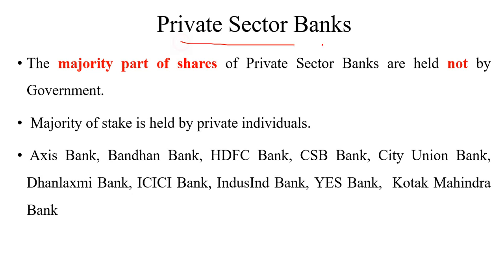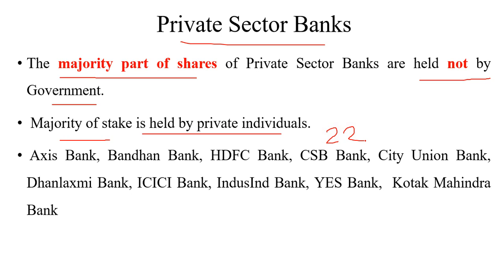Next is private sector banks. Private sector banks are those banks whose majority shares are not held by the government. The majority shareholding is with private individuals. In India, at present, there are 22 private banks working.